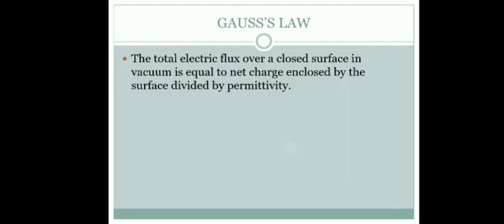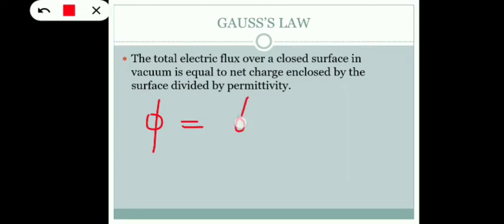And we can express this statement in a simple mathematical expression. Total electric flux can be written like this, phi. Also, for a closed surface, what is the expression for the total electric flux? Just now we discussed that, integral E dot dS.